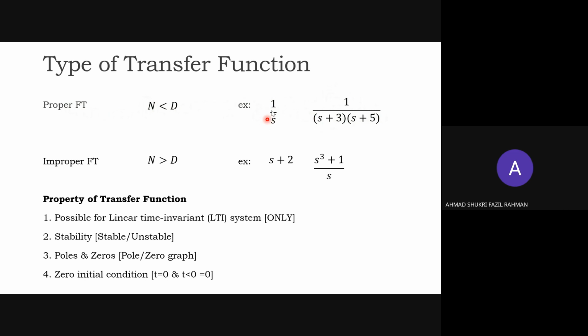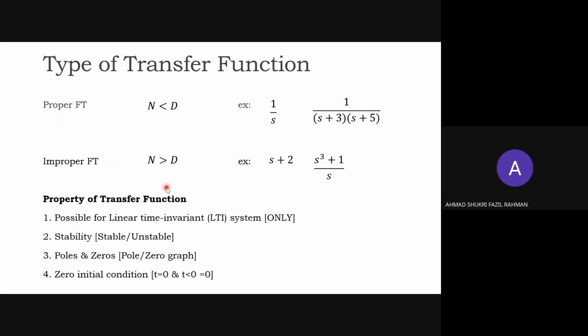For example, the transfer function 1 over s, or the example shown here, 1 over s plus 3 multiplied by 1 over s plus 5. The degree of the denominator is higher than the numerator. When this happens, we call it a proper transfer function.